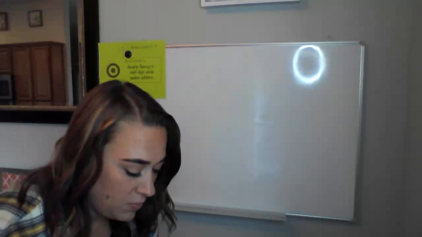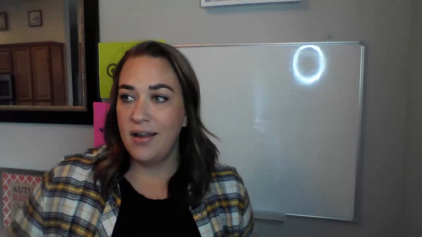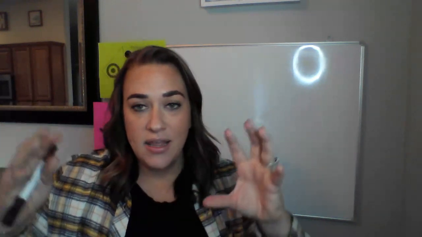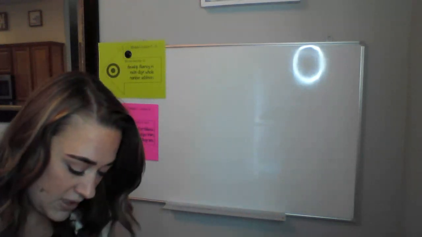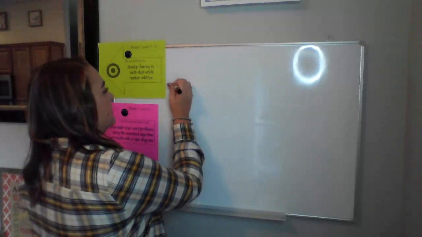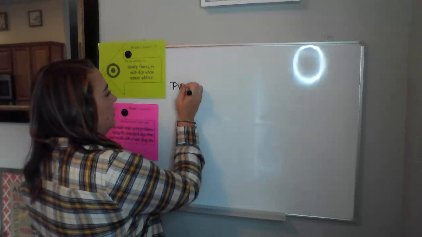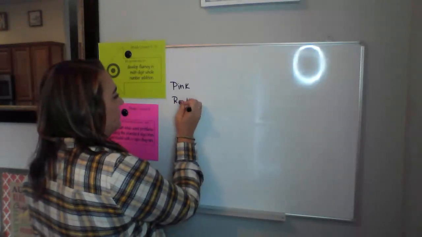So this tape diagram is going to look a little bit different. When we use our four squares in interventions and small groups, this is that step 3 box where you would draw a picture or diagram to show and represent your problem. So it told us that we have pink roses and red roses.